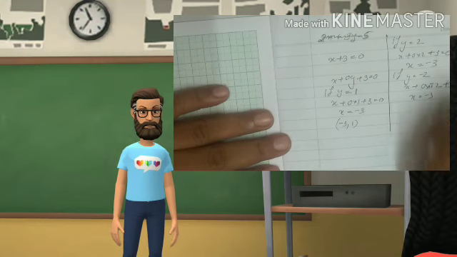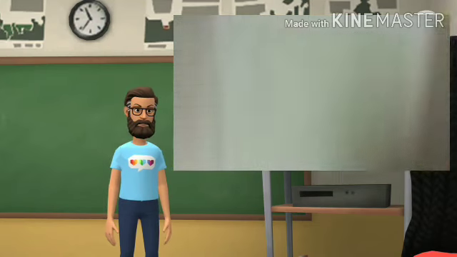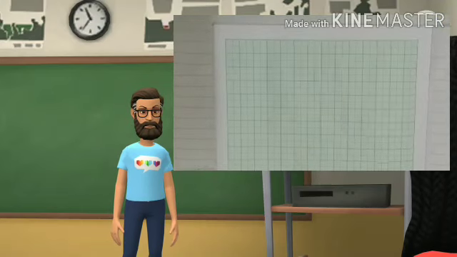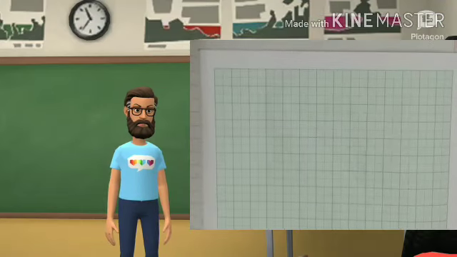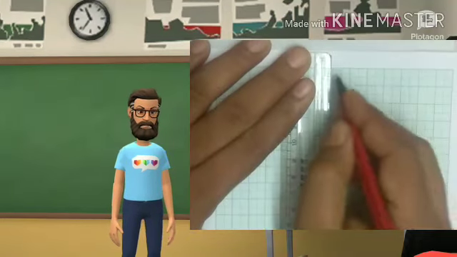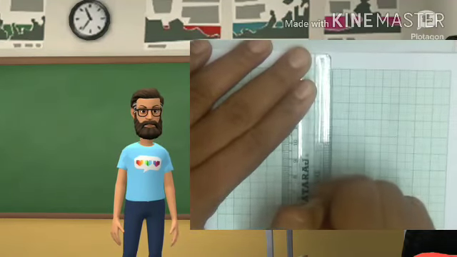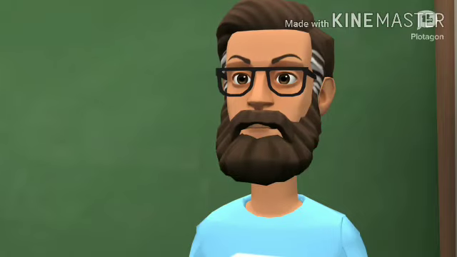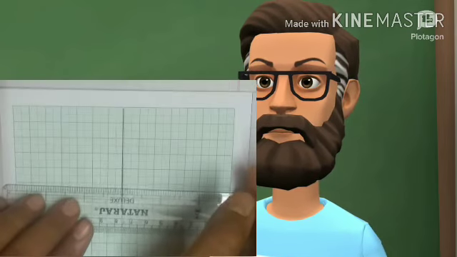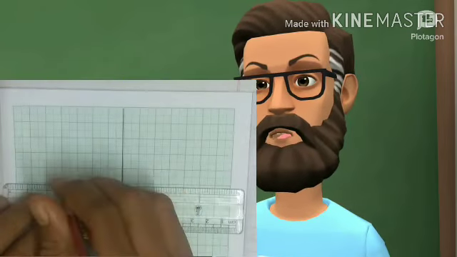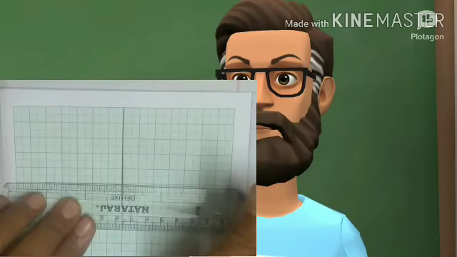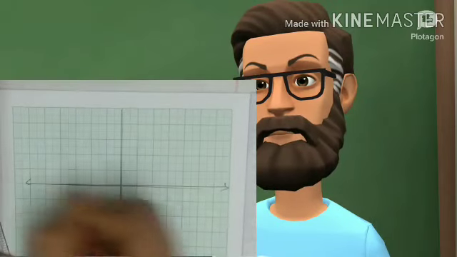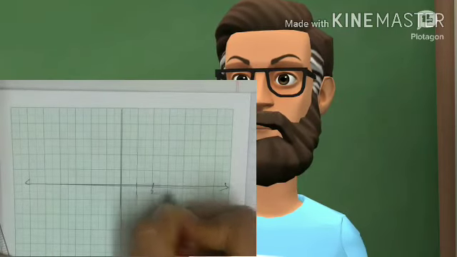Now let's plot that on a graph. For plotting, we have to use graph paper, and as we discussed earlier, we have to draw the tabular column and plot the points. First we draw the x-axis and the y-axis, and after that we mark the coordinates.